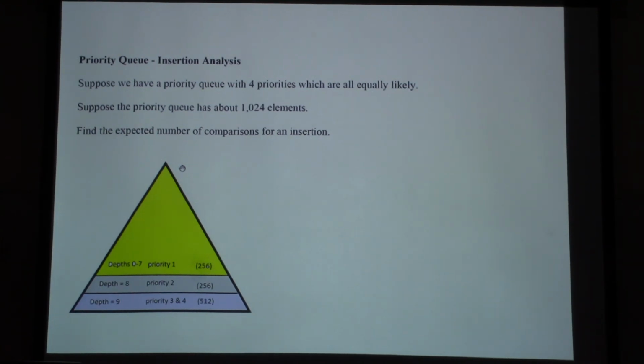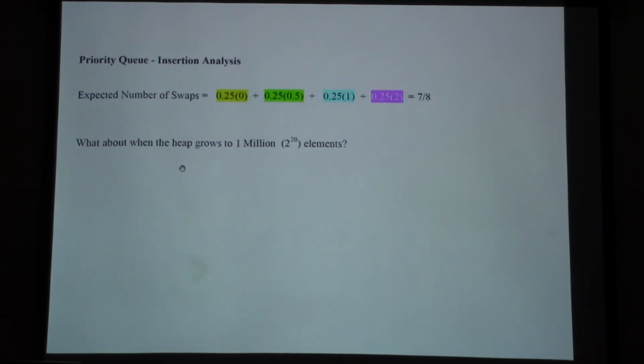So when we remove an element, our number of swaps is going to be higher than it was for the addition. Addition, the average behavior was 1. What's the average behavior for removal? Well, that's going to be your job to figure it out. And second of all, what will happen when this heap increases to 2 million elements? What will be the complexity of removal? What will be the complexity of insertion?